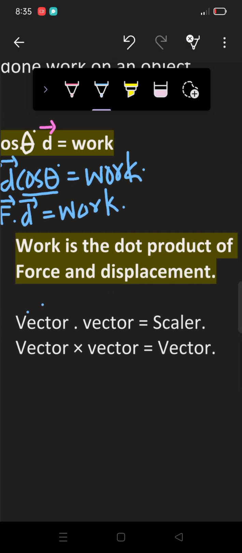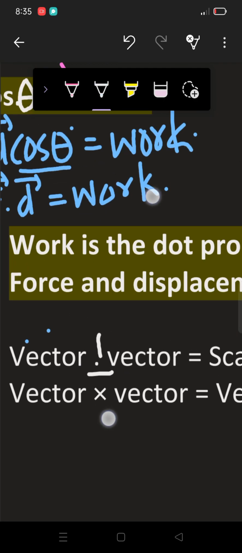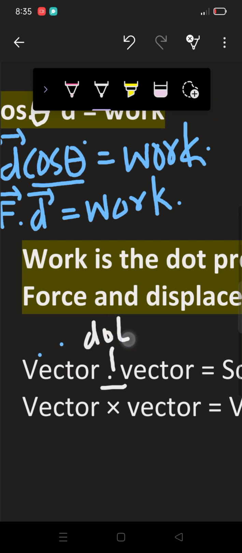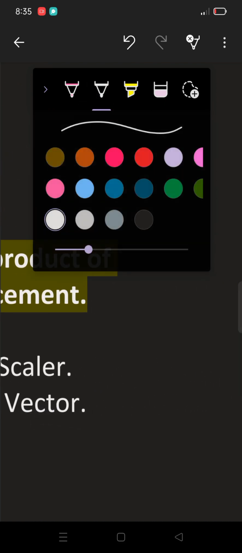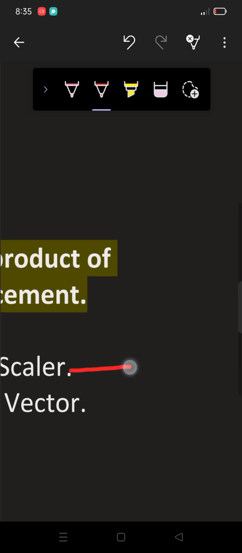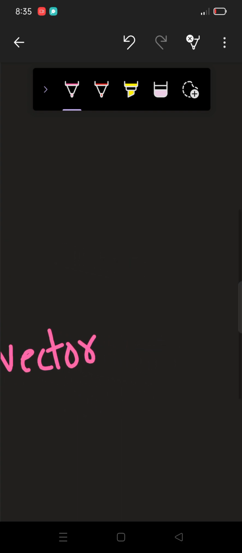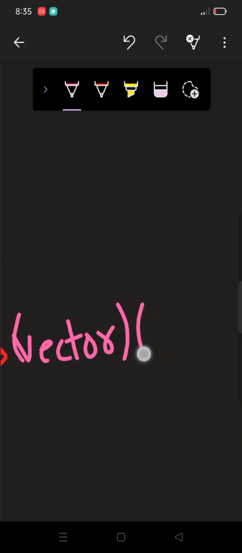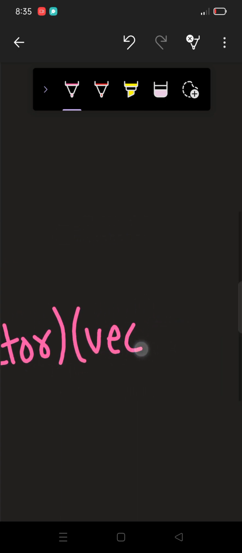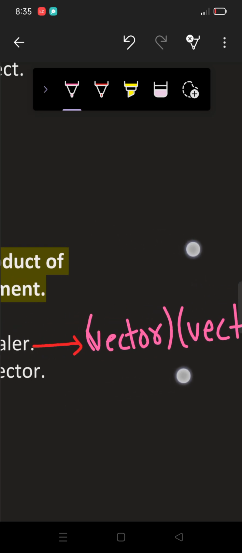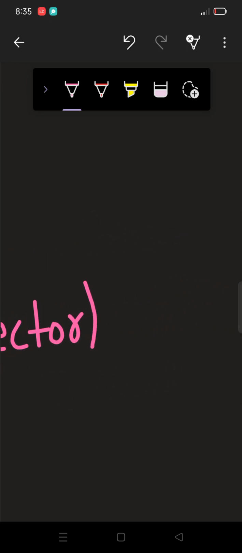If I am going to remove this dot, as I know this is the dot, what I am going to get between these two vectors is vector, vector, and by removing this dot, I get cos theta.